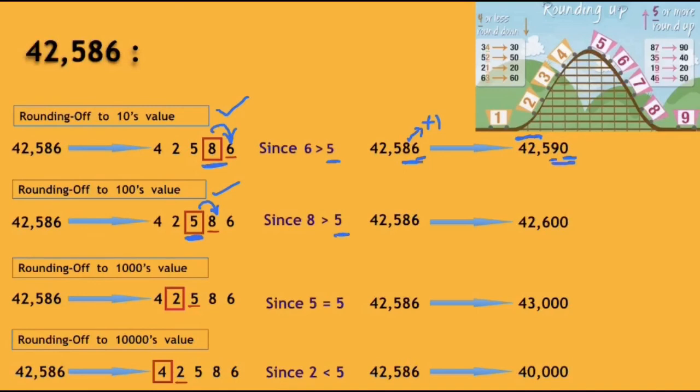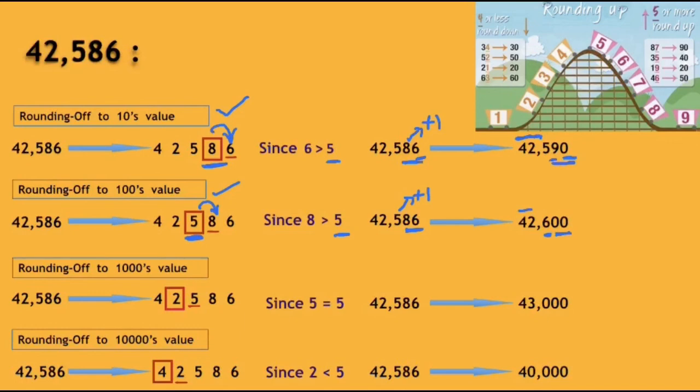Compare this value with 5. Since 8 is greater than 5, increase the rounding place value by 1. 5 becomes 6, and the right side numbers are replaced by zeros, and the left side numbers remain the same. So 42,586 will be rounded to 42,600 in nearest hundreds value.